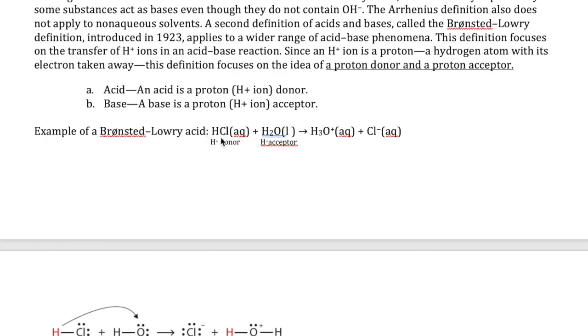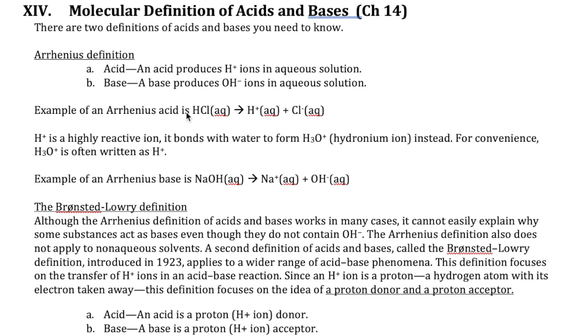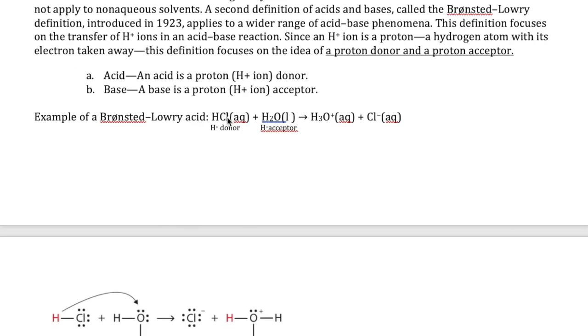Let me use the example of HCl again, which we saw earlier was defined as an acid by Arrhenius. If I take HCl and put it in water, how can I show that HCl is a proton donor? Well, I can show that by writing HCl and then explicitly including water as the proton acceptor. So HCl is going to give away its H plus to water.